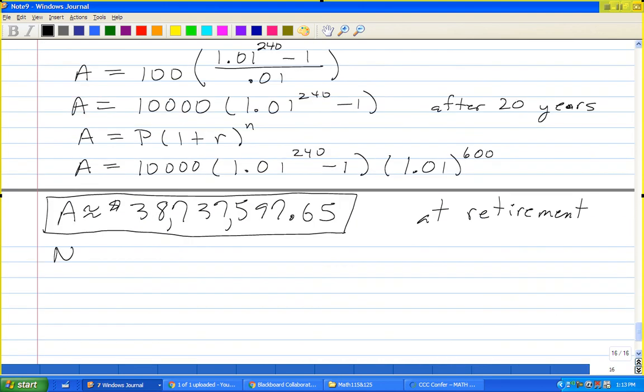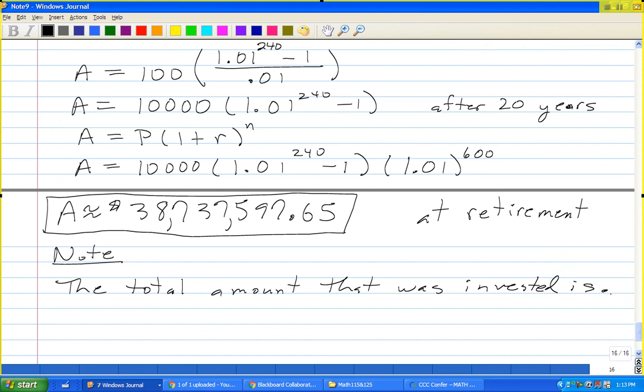So note, he put in $100. The total amount from his pocket that was invested is, well, let's see.